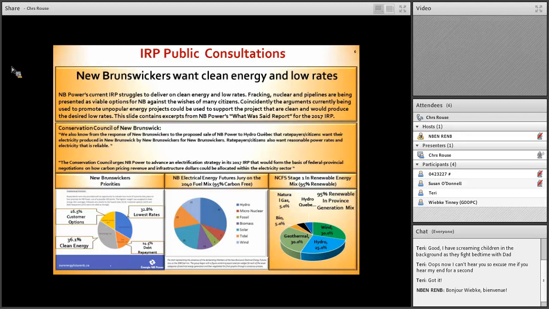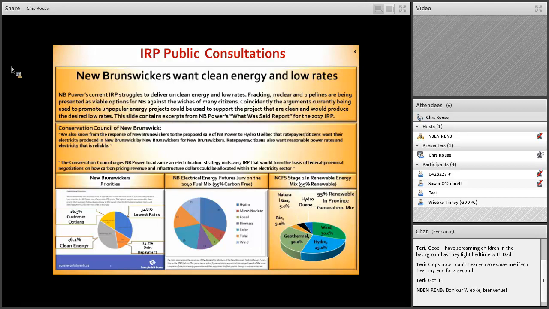Customer options such as efficiency programs and ways to reduce energy was 16.5%, and debt repayment was the lowest at 14.5%.